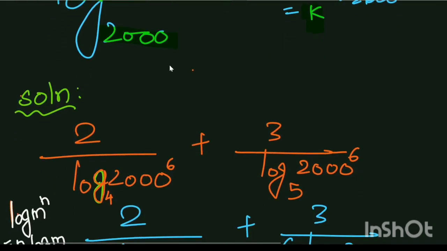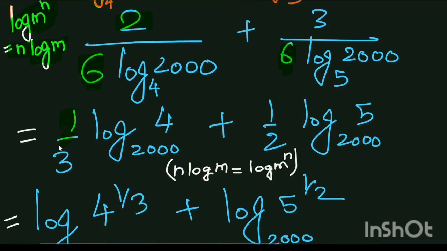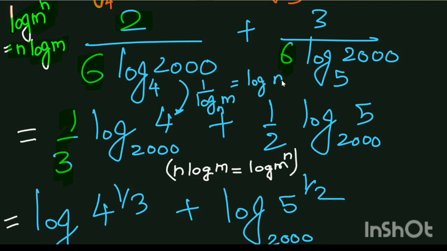So guys, this 6 which is in the power will go into multiplication using the property log m to the power n is n log m. 2 upon 6 will be 1 by 3, and from here to here we can write using, as I said, the formula 1 upon log m base n is equal to log n base m.